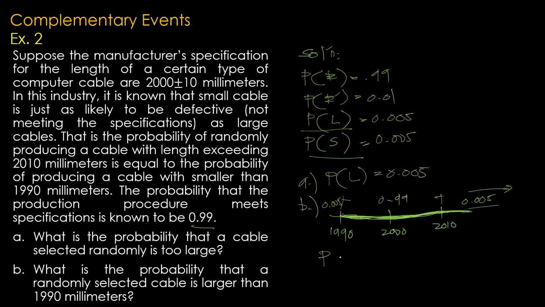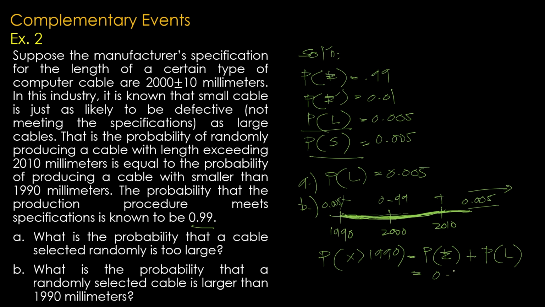Therefore, the probability of producing a cable that is greater than 1990 is equal to the probability of getting an exact value, this line right here, plus the probability of getting a large value.